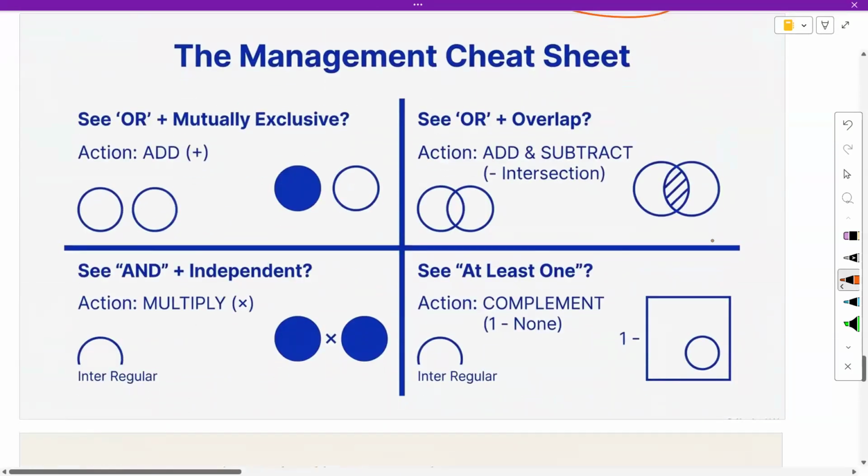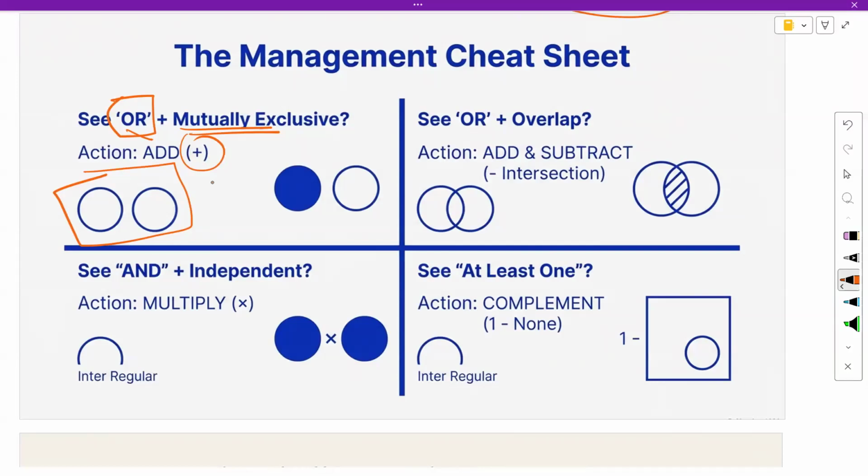This is the cheat sheet, so it's a summary. See OR: when it is mutually exclusive, the diagram looks like this. So in case of OR, we can do the plus operation.